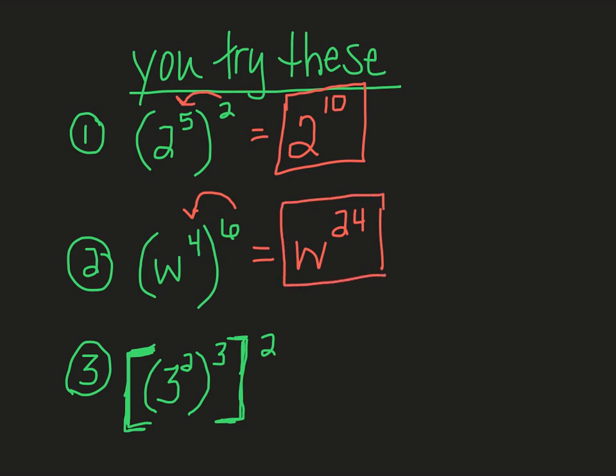And then this one is you're getting your arrows popping and popping again. Okay, so it's going to be 3, and then what's 2 times 3 times 2? Well, that's 6 times 2, which is 12. 3 to the 12th power. Okay, because you multiply that 2 times that 3, and the 2 times that 2.